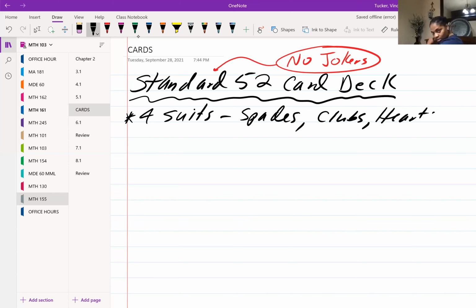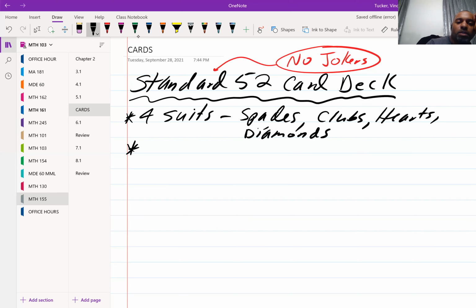Diamond and hearts. Don't want to go down one. Oh, shit.